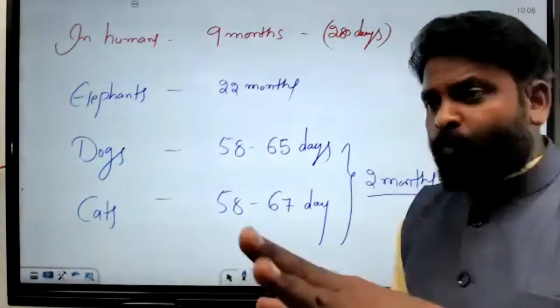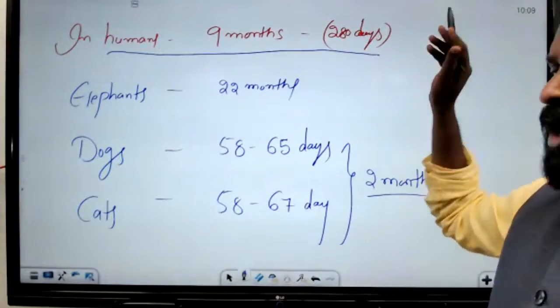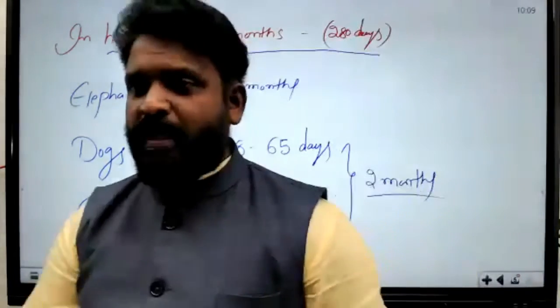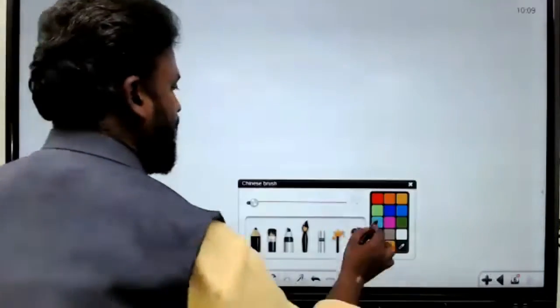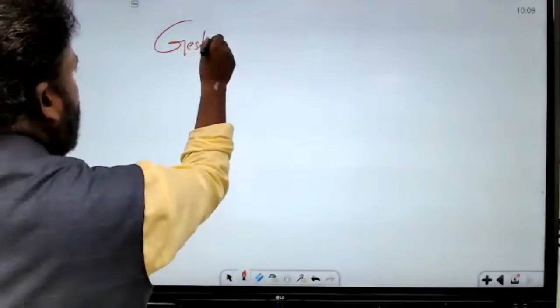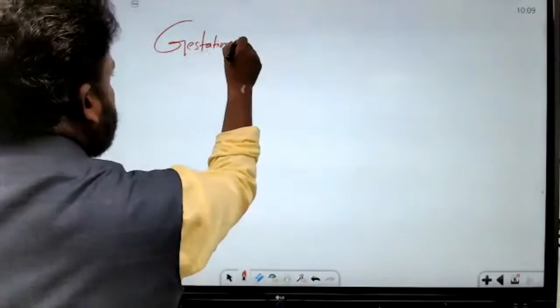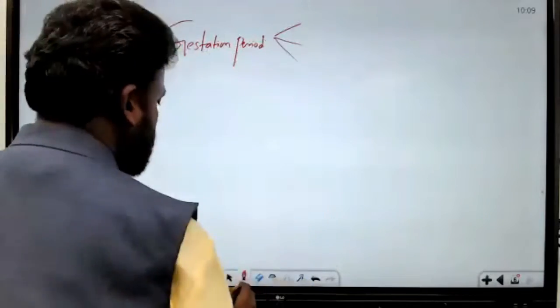Got it? Now we have to discuss the stages occurring in the 9 months, what kind of organs are formed during the embryonic time. The human embryonic development time, nothing but gestation, is considered under trimesters. How many trimesters? 3 trimesters.